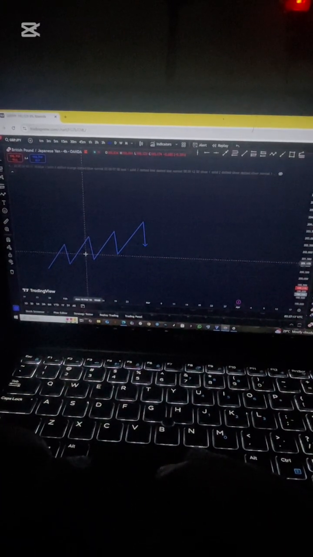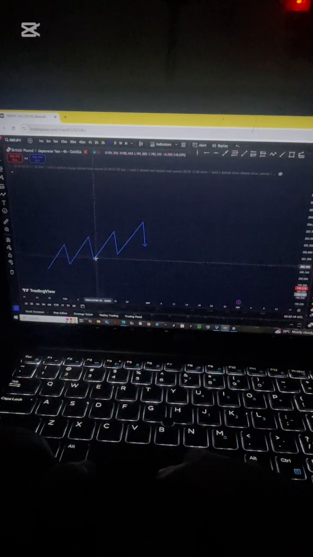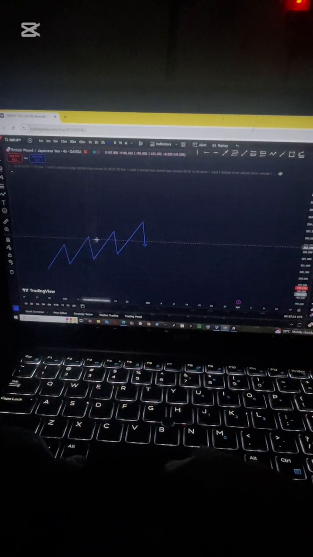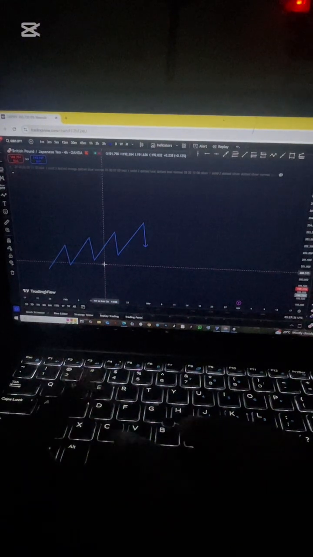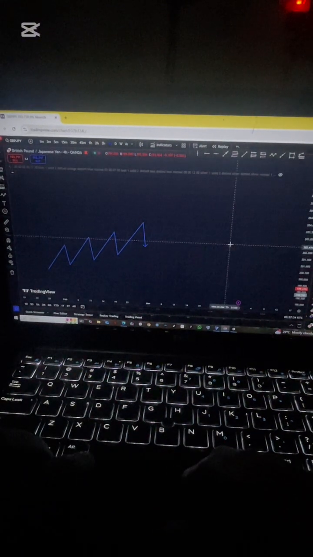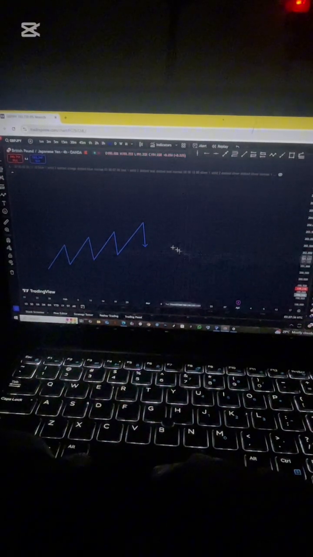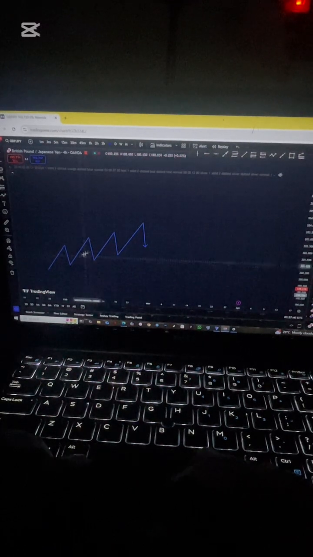For instance, if you want to buy this market, you won't buy from here. You will always wait for this pullback to buy from here, because you all know that when the market is in an uptrend, we buy, then we sell when the market is in a downtrend. So when you want to buy, you wait for this pullback, you buy from here.